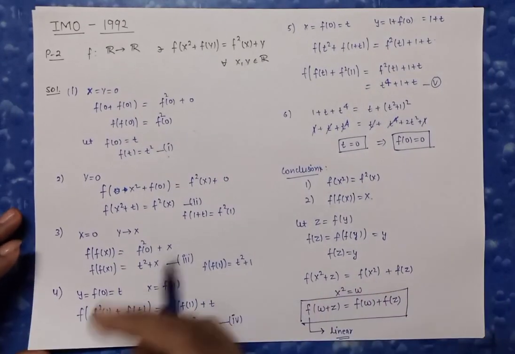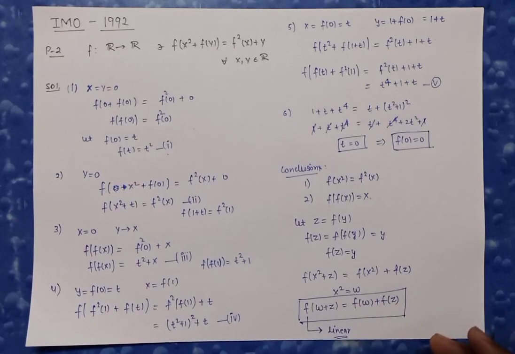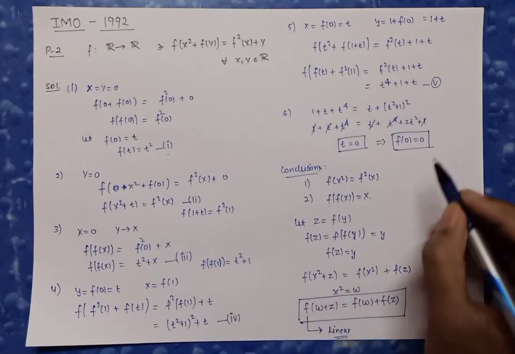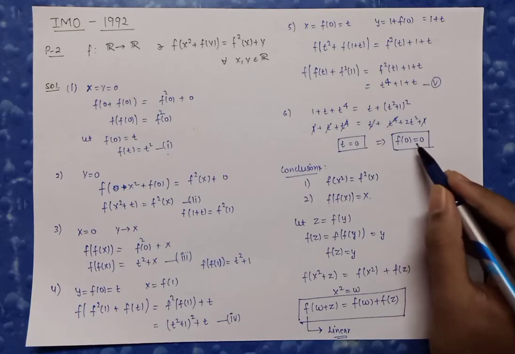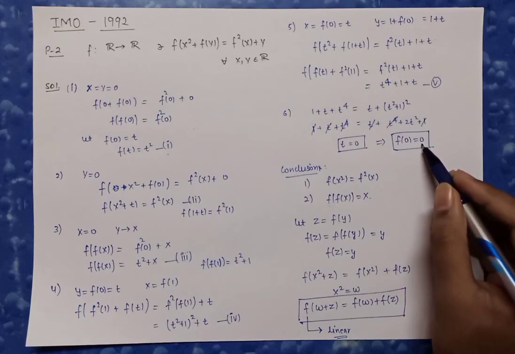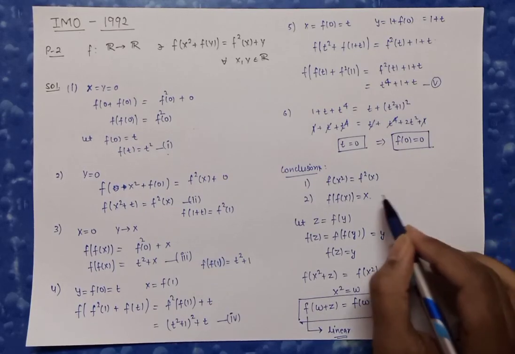I am showing you the first page of this question once again. This was how I approached this question my way. I first tried to find the value of f of 0, which I found successfully to be 0. Then I drew some conclusions.